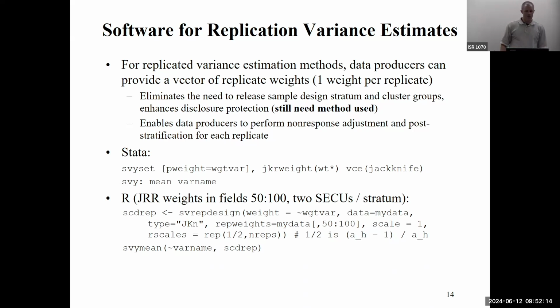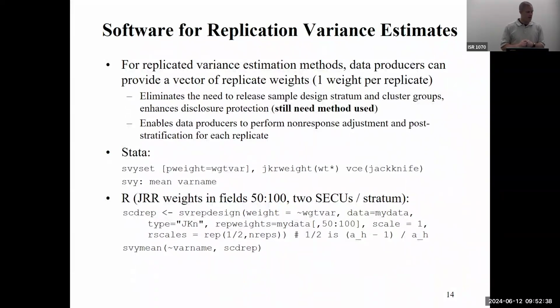It's a little bit less straightforward in R, but still very easy to do. Remember, we talked about how in R you have to use svydesign to create a design object that you would then use in subsequent analysis functions. If you have replicate weights, you don't use svydesign. You use svrepdesign to create your design object.